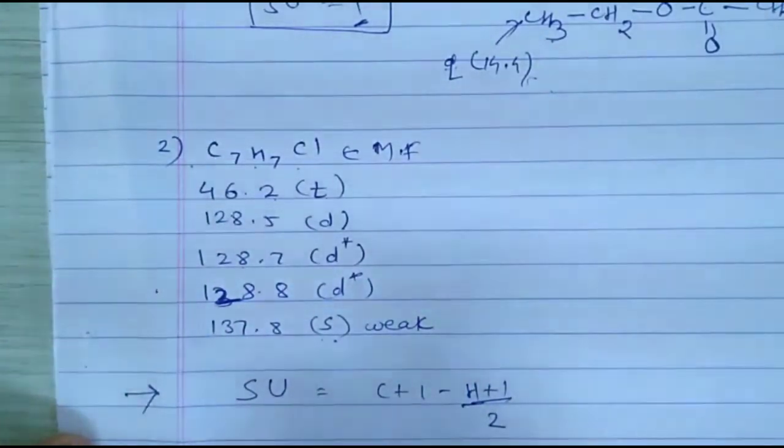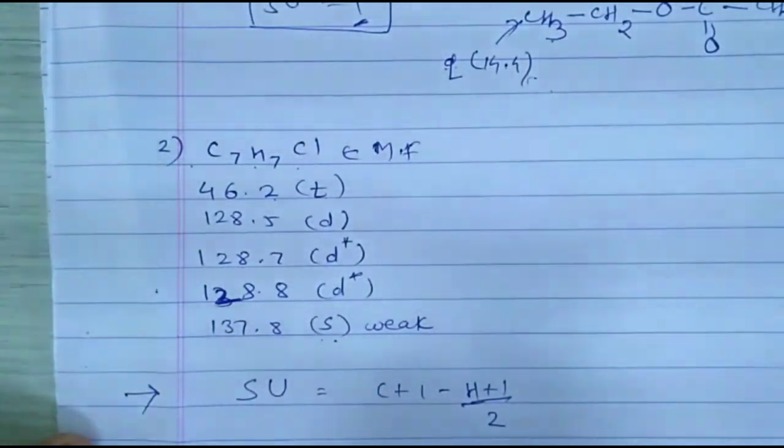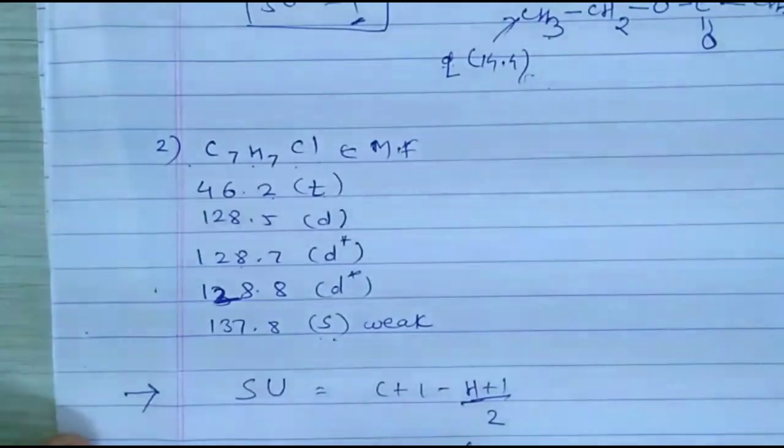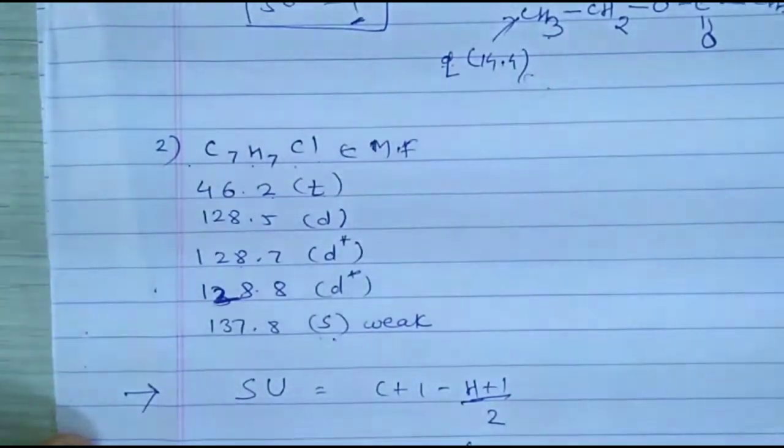So here it is 7 plus 1 minus (7 plus 1) divided by 2, which is 8 minus 8 divided by 2, which is 8 minus 4, equal to 4. Sites of unsaturation are 4.